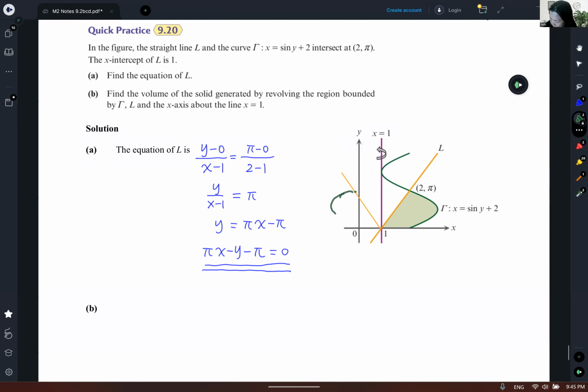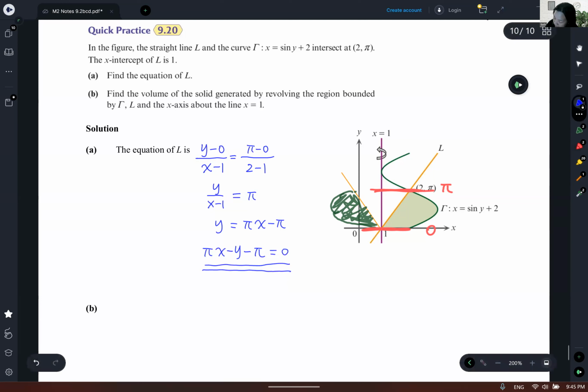Not a very good drawing, but I'll try. Do I need the boundary? I think I already have 0 to π, so I don't need the boundary.